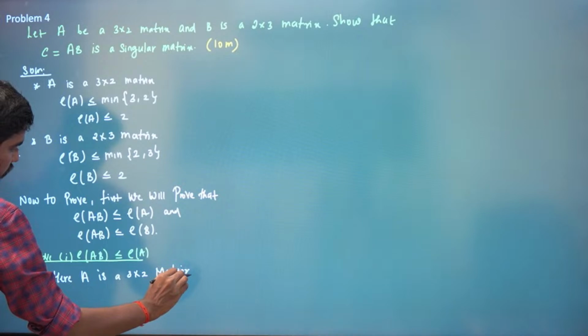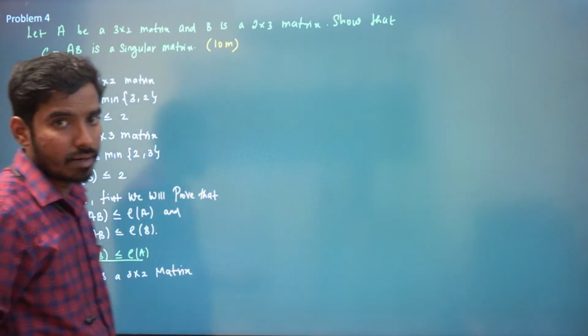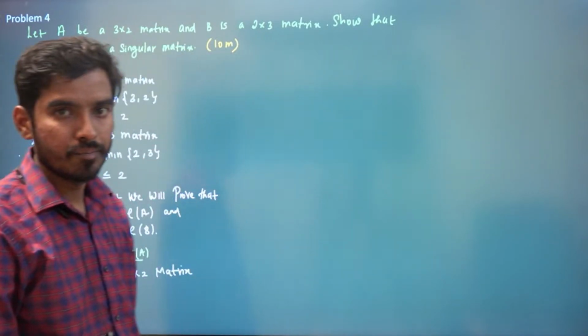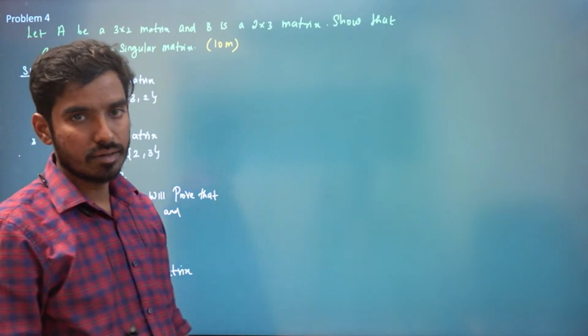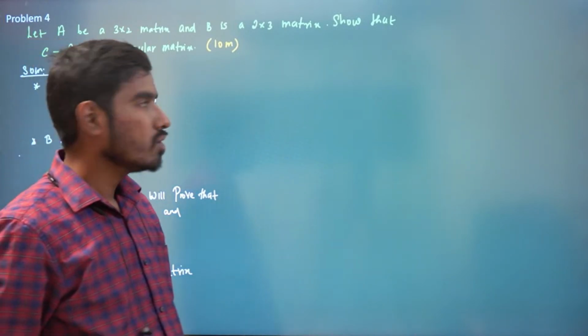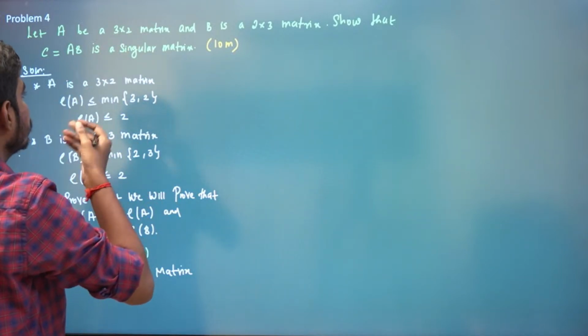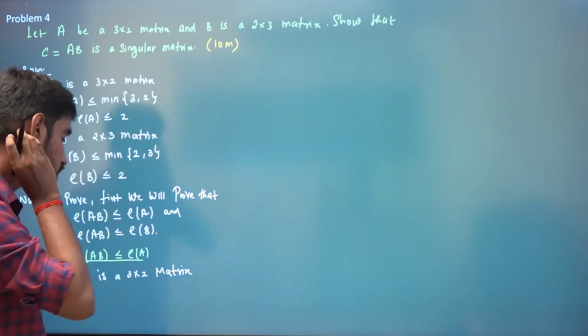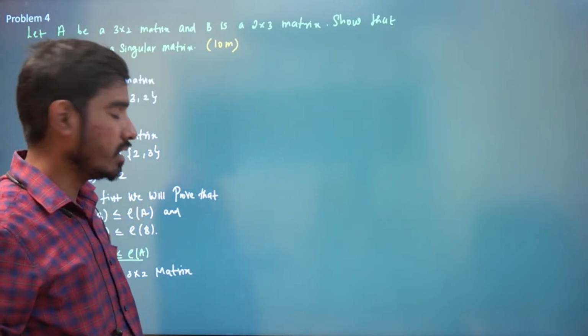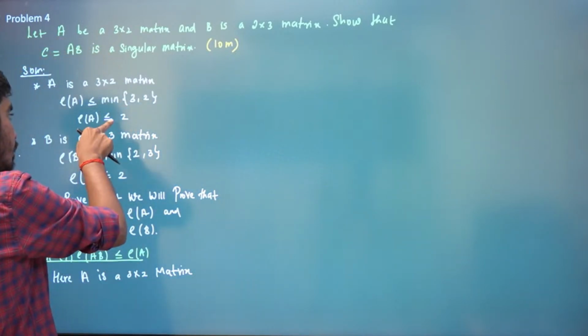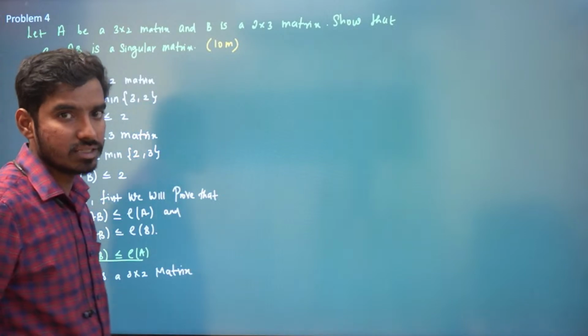Rank can be what? It can be 2 or it can be 1. If it is a 0 matrix, the rank is 0. So rank of A can be 2, or 1, or 0 if A is a 0 matrix.